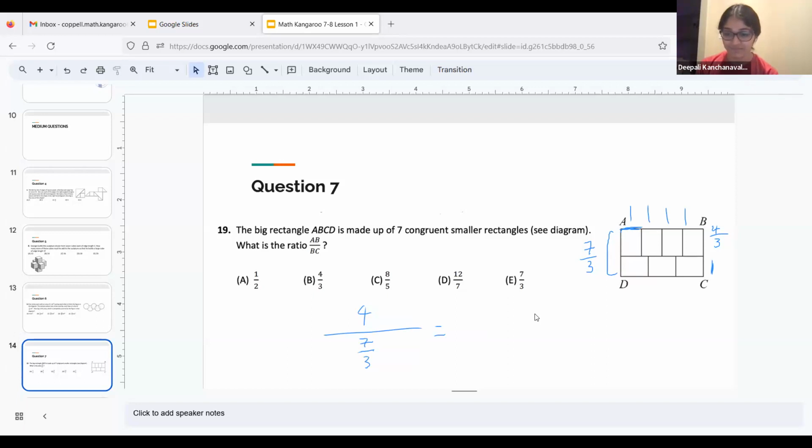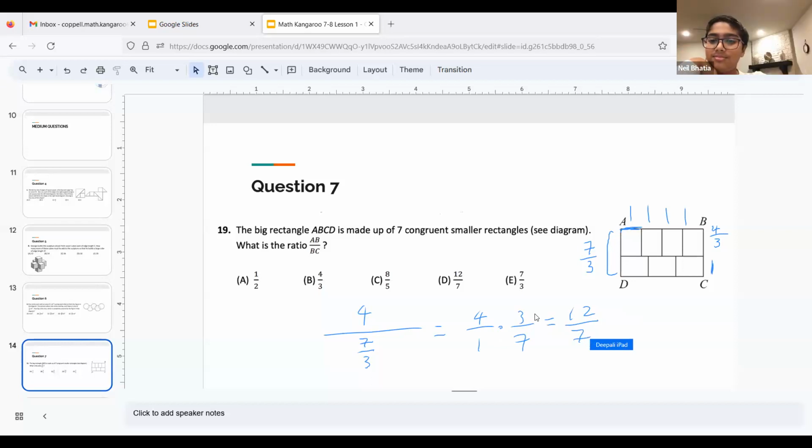It's equal to 8/5. That's what I got. How do you divide by a fraction? Try multiplying by the reciprocal. I did 4 times 3 over 7. No, it's 12 over 7. Exactly. It was a difficult one, yeah.